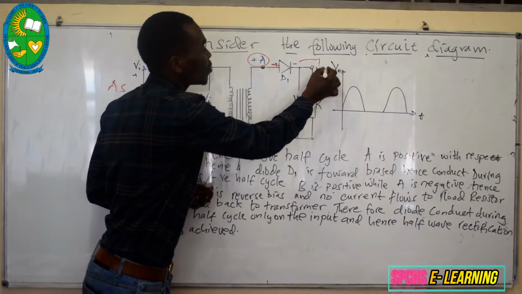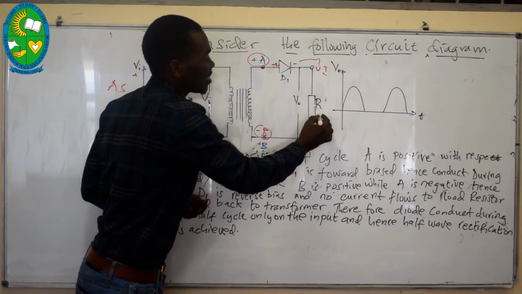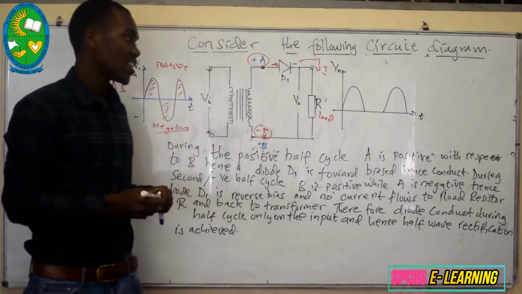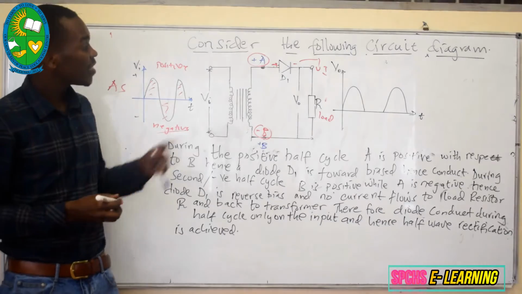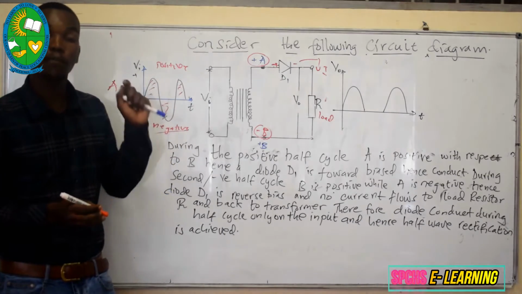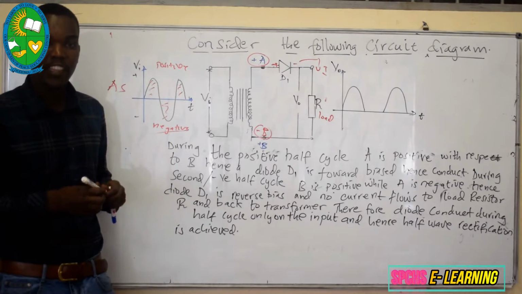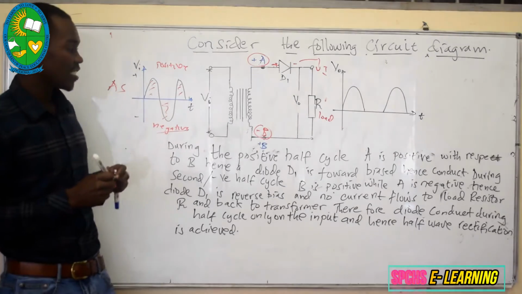The current flows and comes to a load resistor here, and then returns to the transformer. This is during the positive half cycle, the first half cycle of the alternating current.